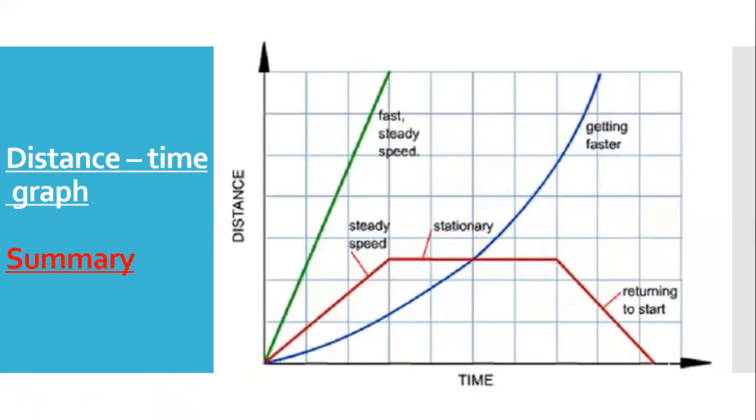The blue line shows a journey that is accelerating, it's just getting faster. The red line, however, shows a journey firstly with a constant speed, then it stopped, and then it returned back to its starting position.